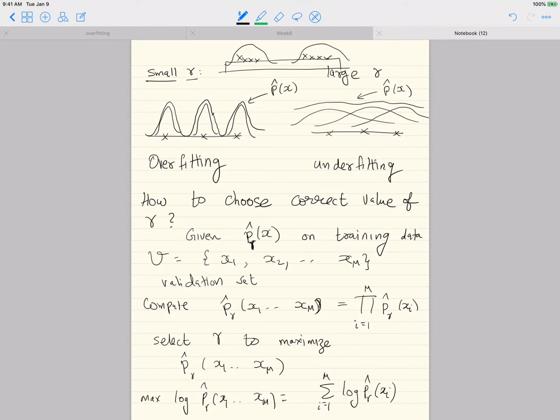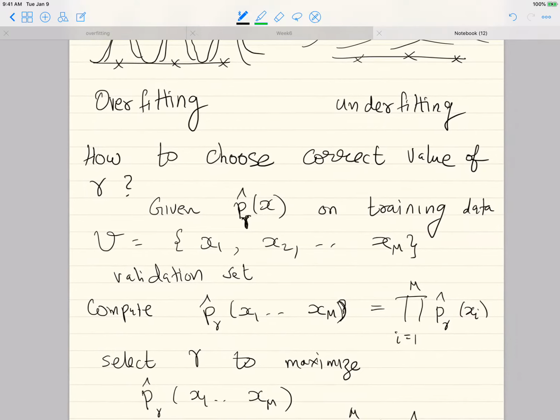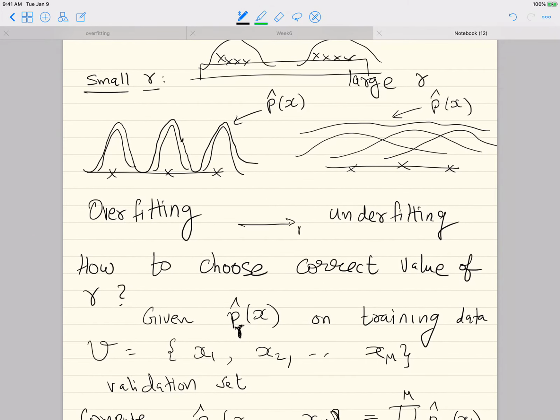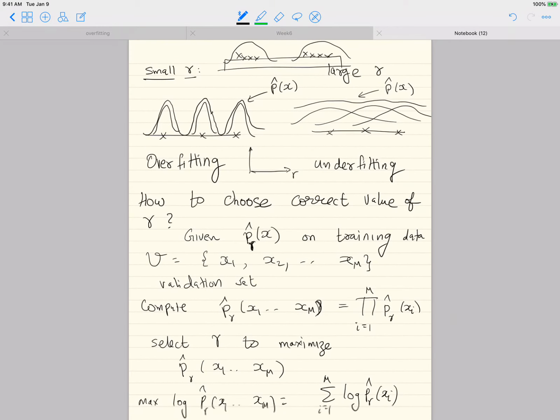So R is on the x-axis, and the y-axis is the likelihood function, p hat of R on the validation set. What will happen is it will be low, it will increase, and then it will start decreasing again. And this is the R that you want to select.